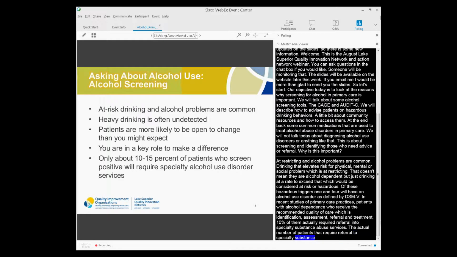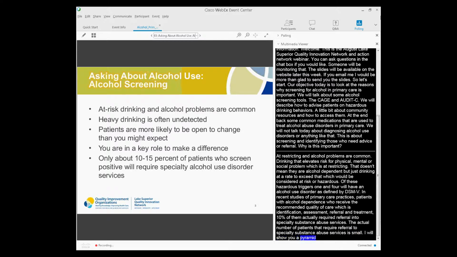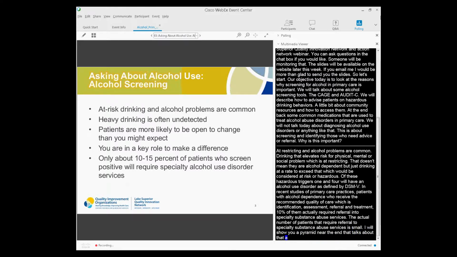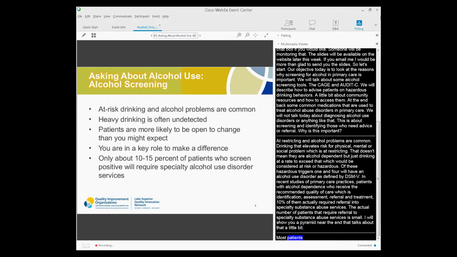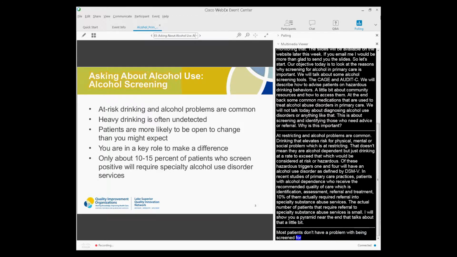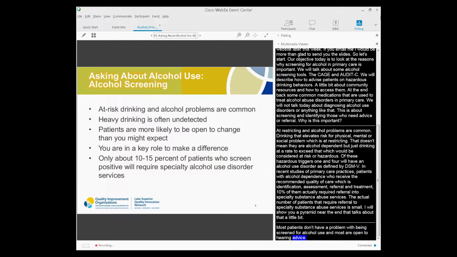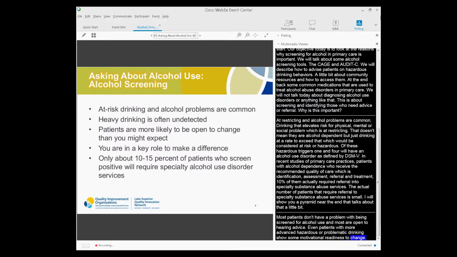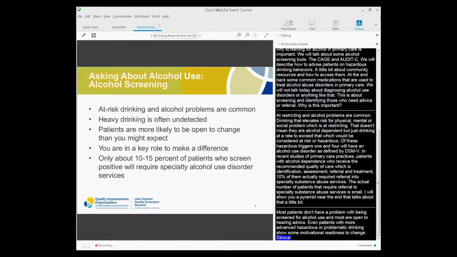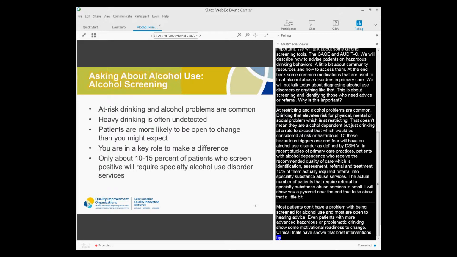Most patients don't have a problem with being screened for alcohol use, and most will be open to hearing advice. Even those patients with more advanced hazardous or problematic drinking do show some motivational readiness to change. Clinical trials have shown that brief interventions by primary care physicians definitely promote significant and lasting reductions in drinking levels for at-risk drinkers that have not progressed to an alcohol use disorder or alcohol dependence.